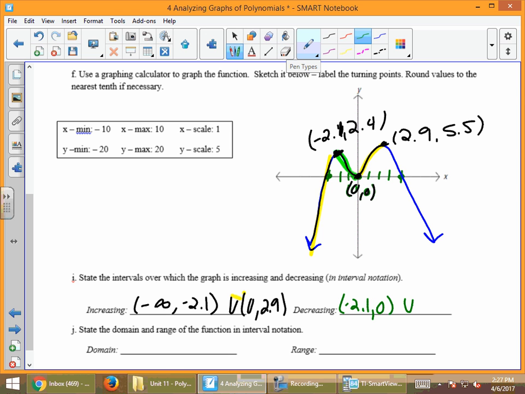And then here again, this is the tricky one. So where do we start decreasing? 2.9. Where do we stop decreasing? So super tempting to say that because it's pointing down, right? You're thinking negative infinity. But remember, when we write it, we're writing in relation to the x values.